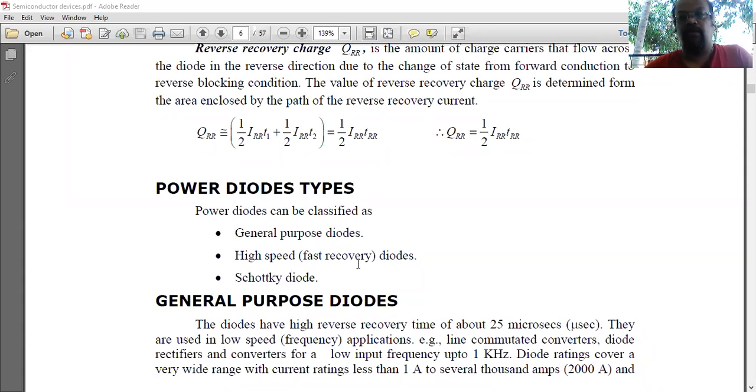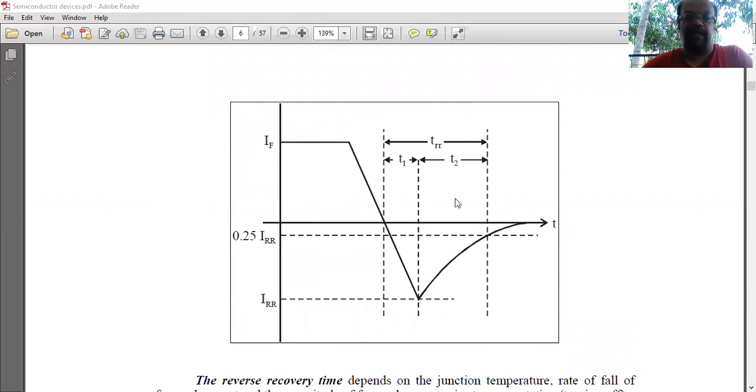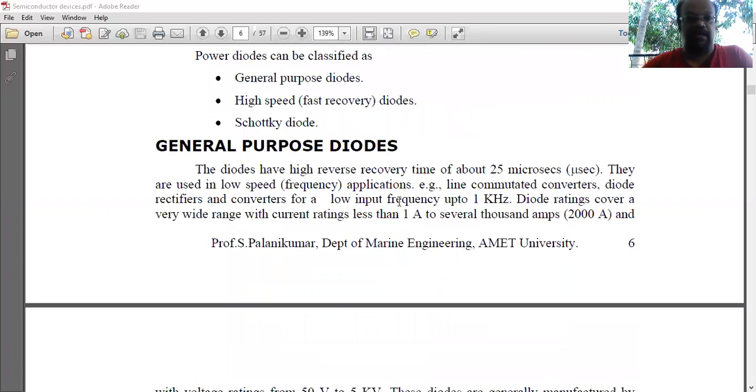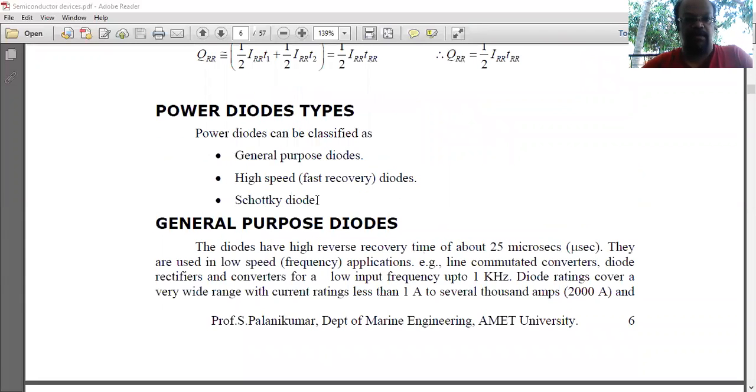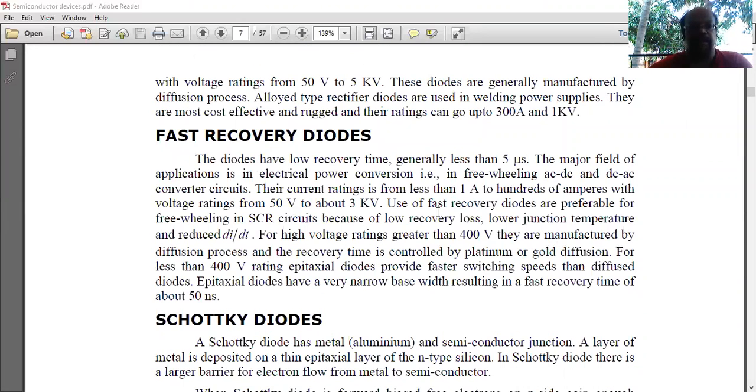These two losses have to be added, and that is called the switching loss. This reverse recovery contributes much towards the losses. So with fast recovery we prefer a very small reverse recovery time. Another type is Schottky diodes. So, fast recovery time, fast recovery diodes.